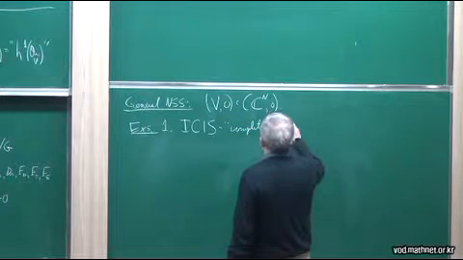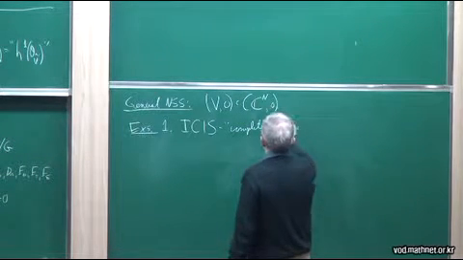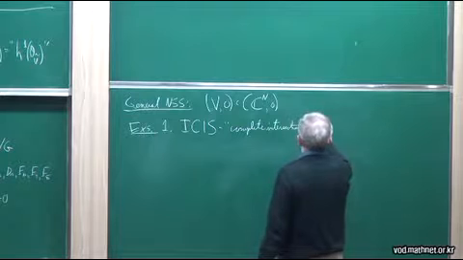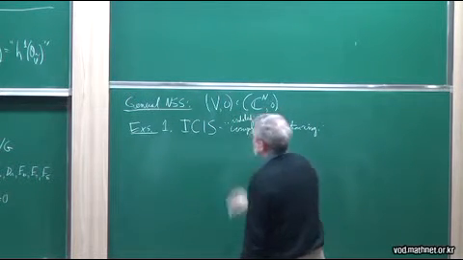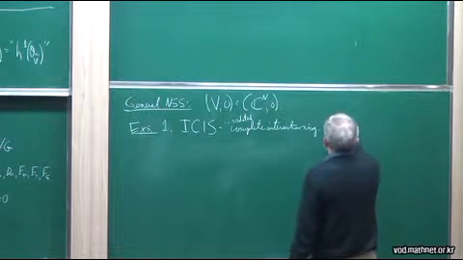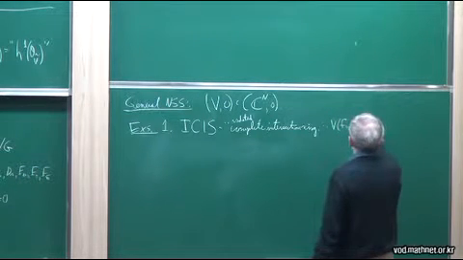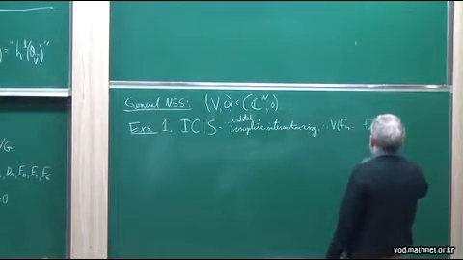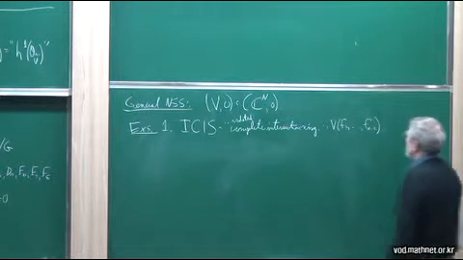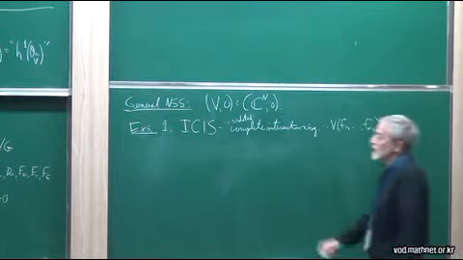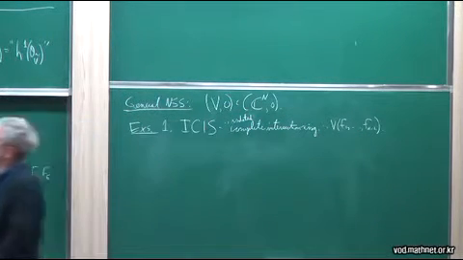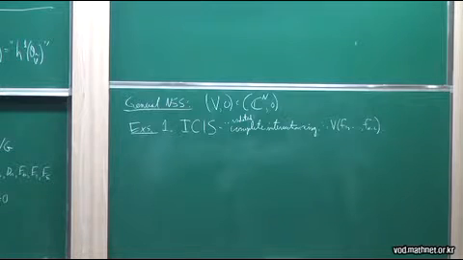A complete intersection singularity is called isolated if it is given by the vanishing of n-2 polynomials in n-space, and the thing has to turn out to have an isolated singularity.